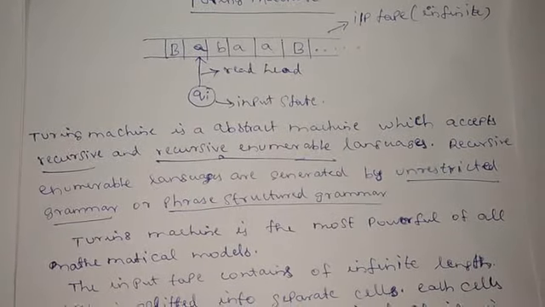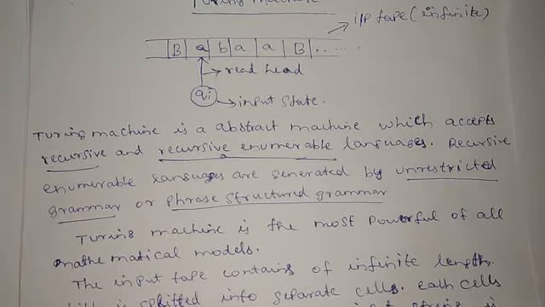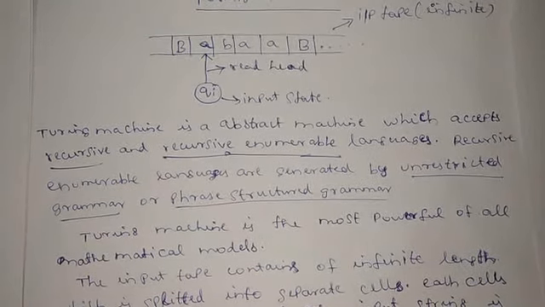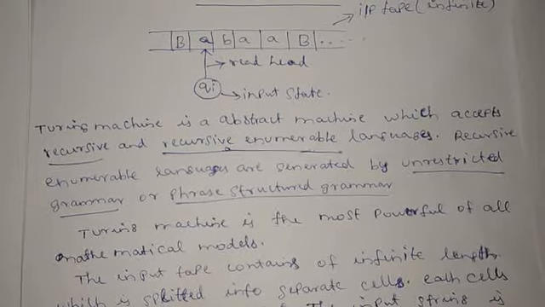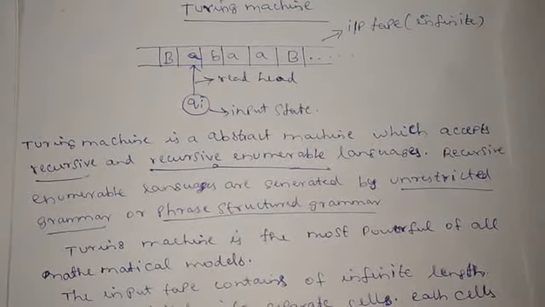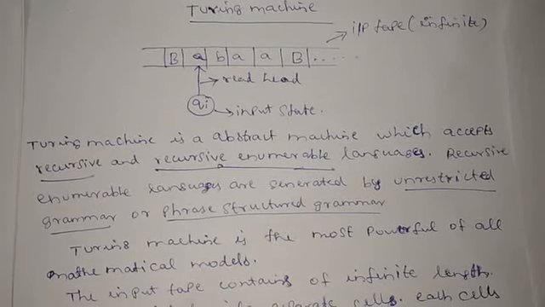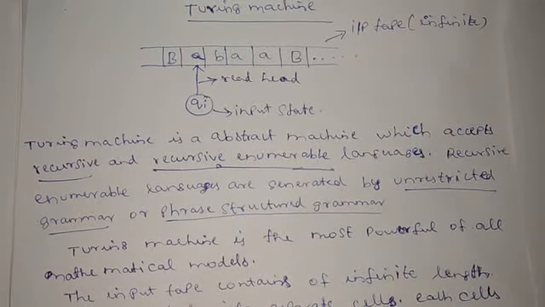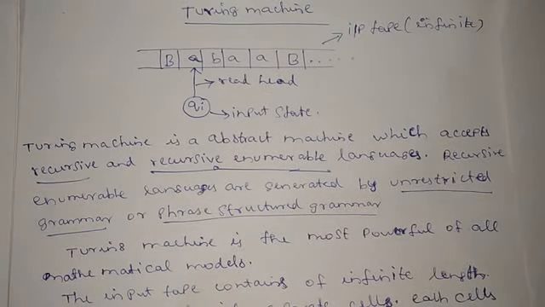And whenever you have a string, it is flanked by two blank symbols, which are used to limit the input string. Since I said this tape drive has an infinite length, when you have a blank symbol before a string, the blank symbol acts as a delimiter for the input string.